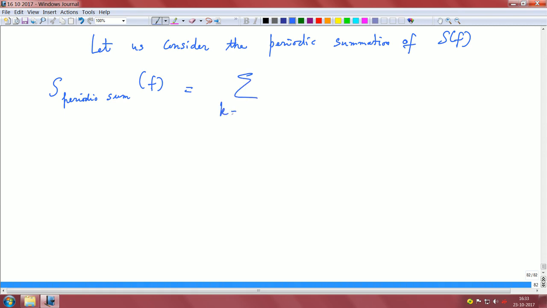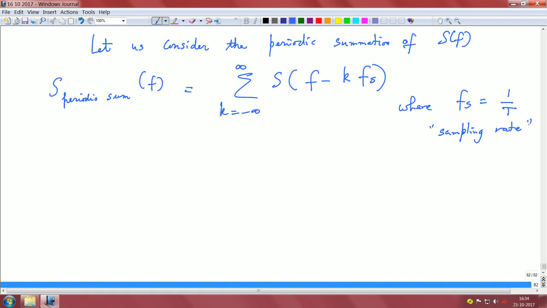This is basically the sum over k equals minus infinity to plus infinity of S of f minus k times Fs, where Fs is 1 upon T, which is basically your sampling rate. And you can interpret when k equals 0, it is the baseband, right.